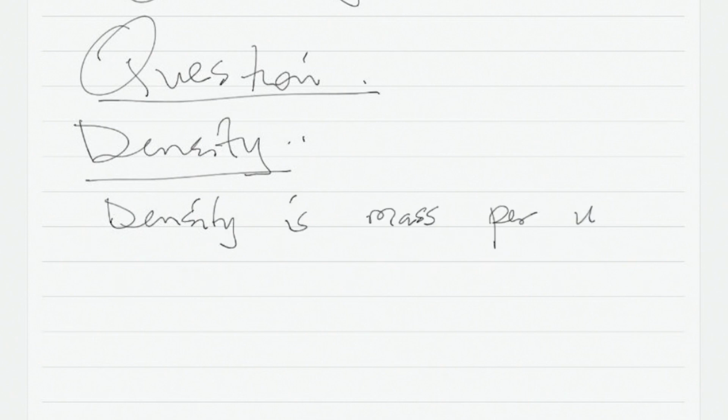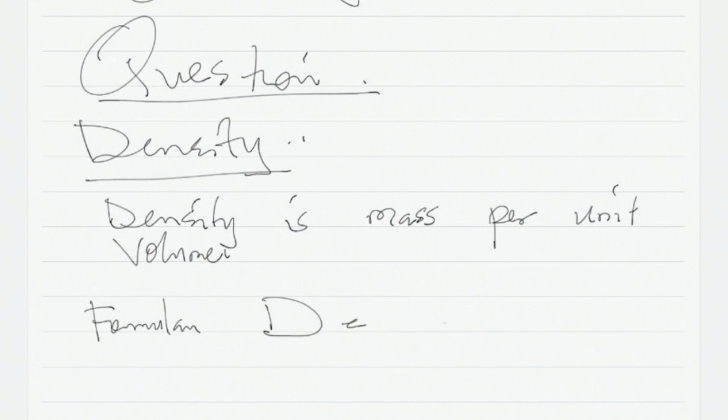Density is mass per unit volume, given by the formula density is equal to mass over volume. Per means over.